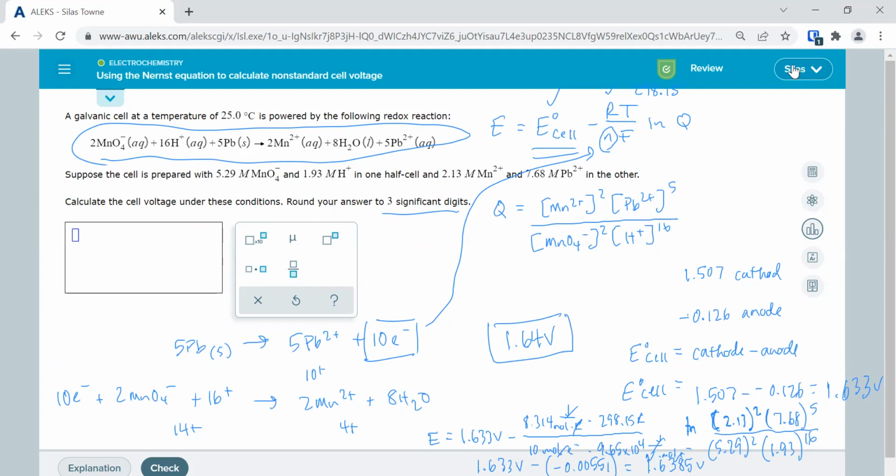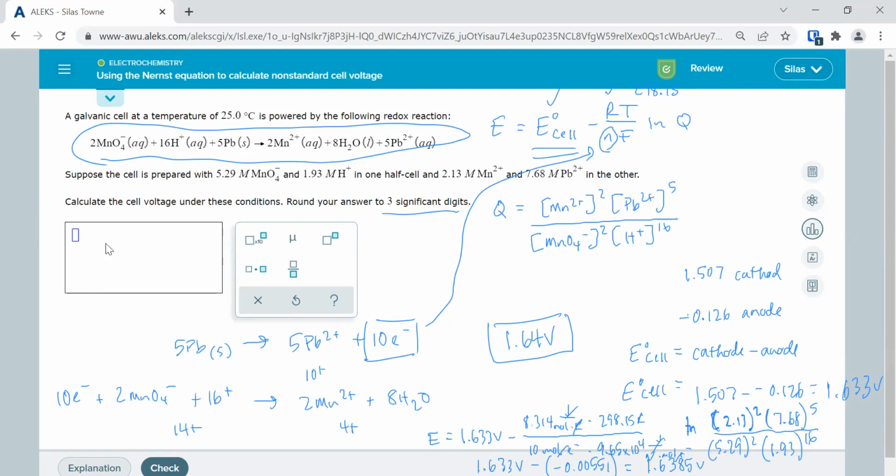And remember, your Ecell voltage is when it's at 1 molar, which is not typically where we're going to start. You want to start with more reactants and fewer products, and so you often want to start with a higher voltage than what it's rated to, and then it will decline. So a 1.5 volt battery might start higher than that and then end a little bit lower than that when it runs out of energy.